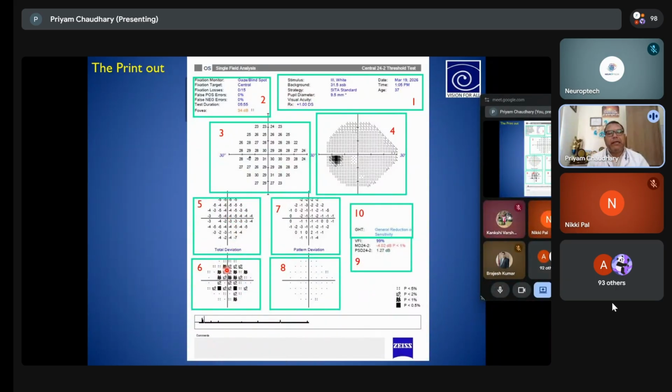Zone 6 is the grayscale or loss of the total deviation, numerical plots. Here in zone 5, you are seeing all values in minus: -4, -5, -4, -3.